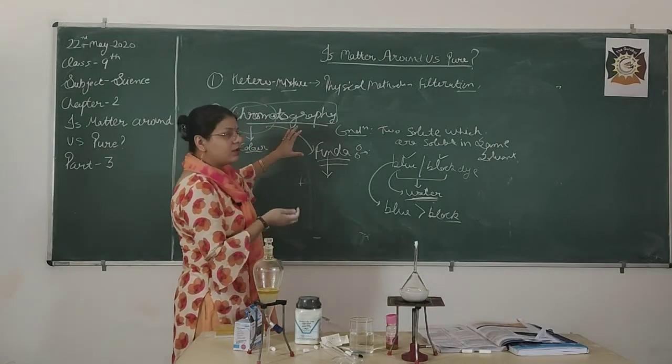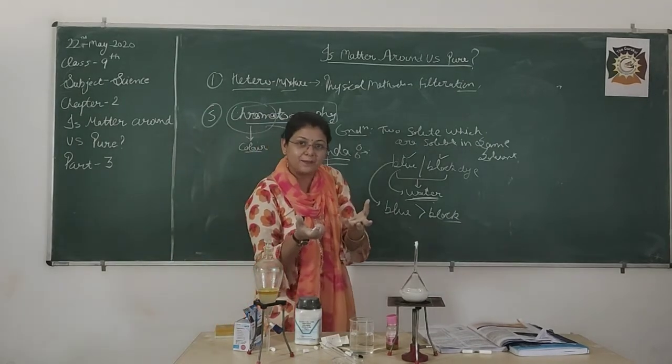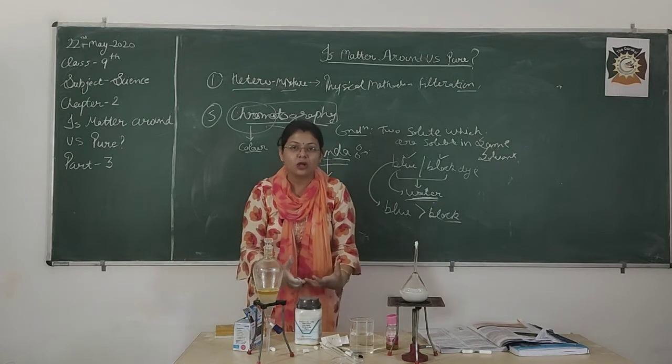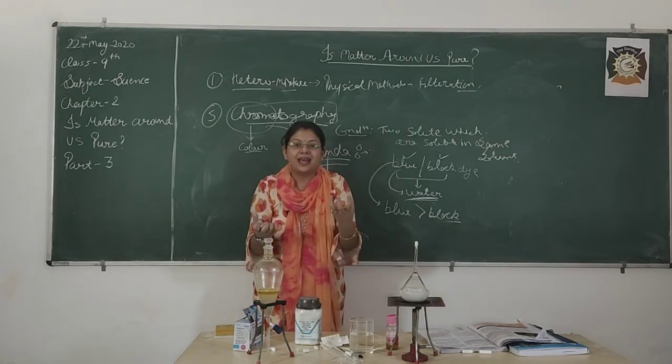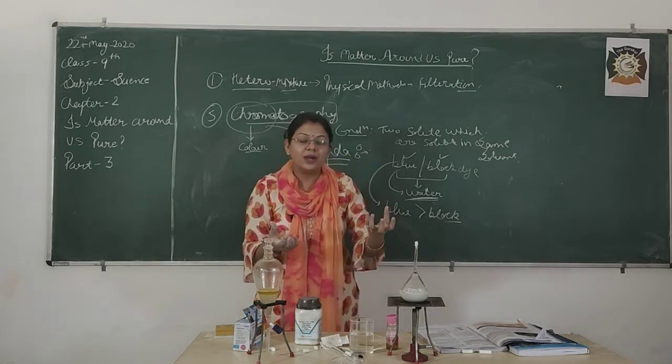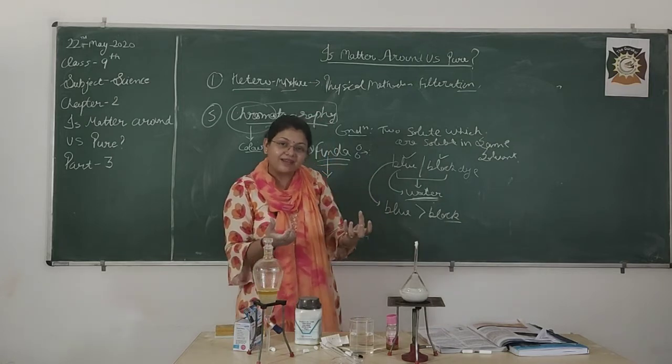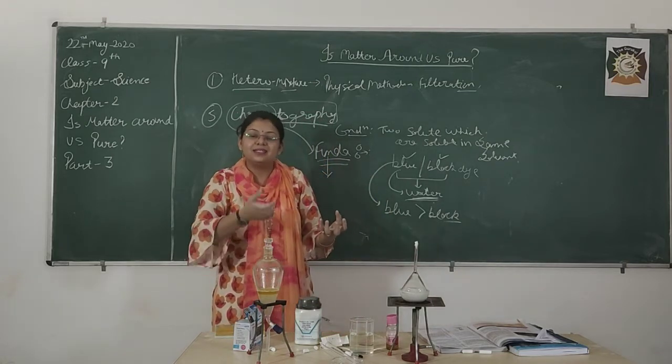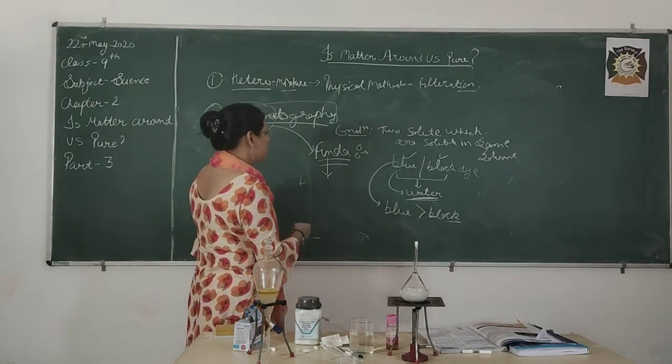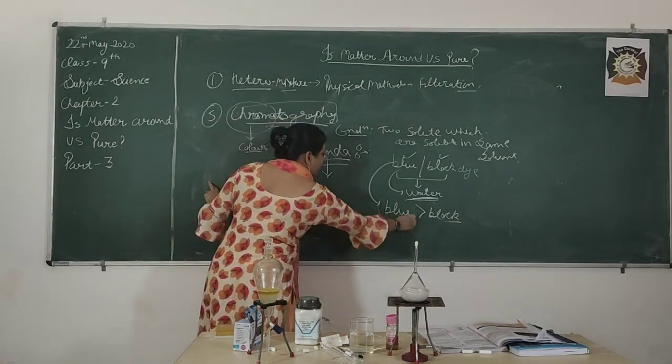That means in chromatography, the two components that we are going to separate are soluble in the same solvent, but their solubility in that solvent varies. One component is more soluble, more attracted toward that solvent, and the other one is less attracted.